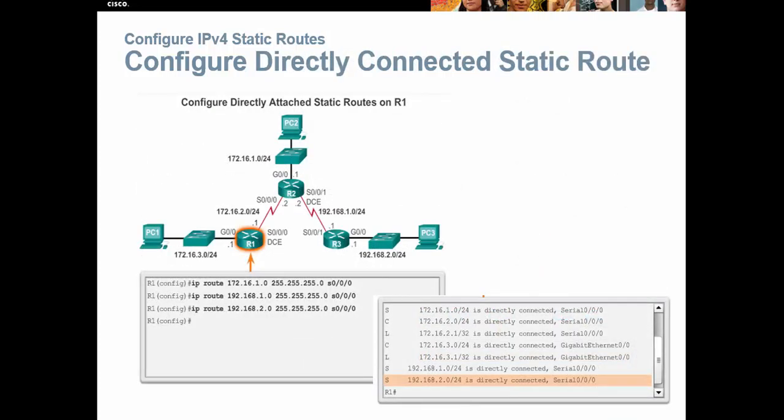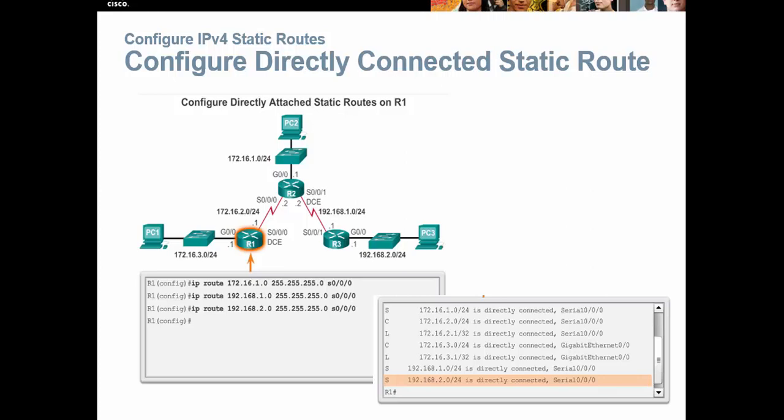So if we have it configured directly connected as a static route, we would have keyed in IP route 172.16.1.0 255.255.255.0 out of serial interface 0/0/0. That way it would have left router 1.